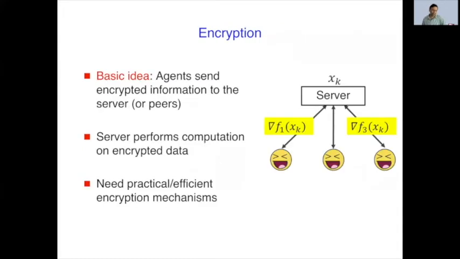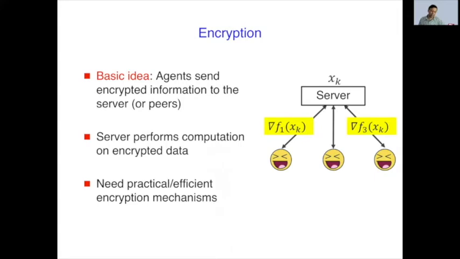But the cryptographic method, and this slide is not meant to be describing any particular scheme. I'm not going to discuss cryptographic techniques much at all, actually, in this tutorial. One may try to use cryptographic techniques for distributed optimization. However, they tend to be more expensive than the two techniques that we're going to discuss next.